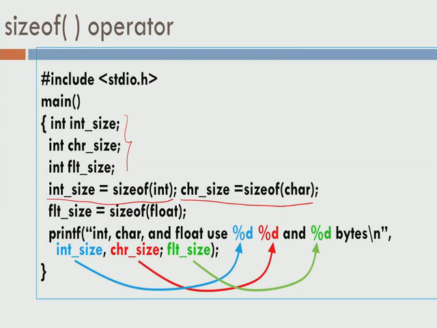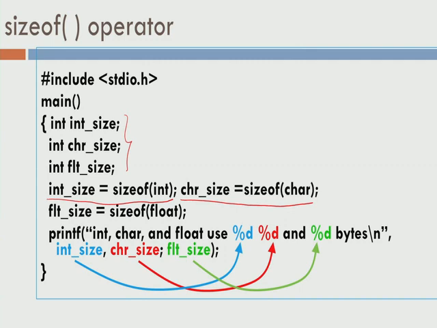So if you say size of int, it is actually giving you the number of bytes that is used to represent an integer. Similarly, size of character will give you the number of bytes required to store a character, and size of float is going to give you the number of bytes for storing a floating point number and so on.